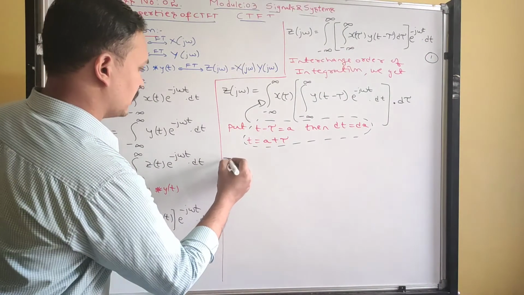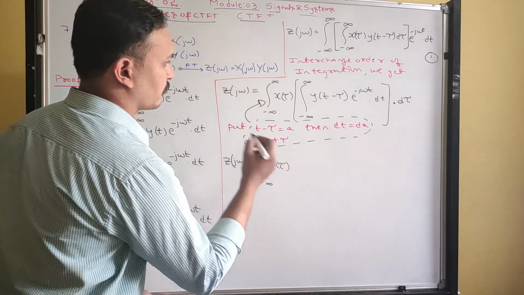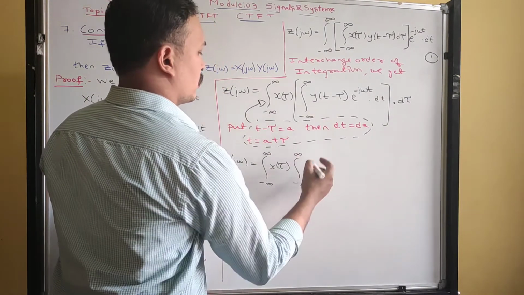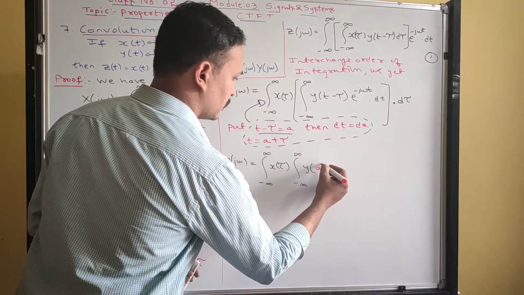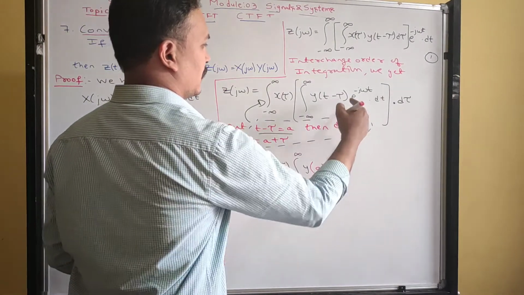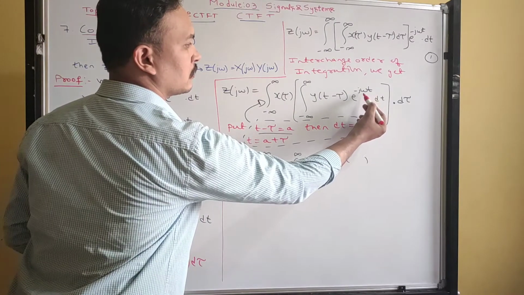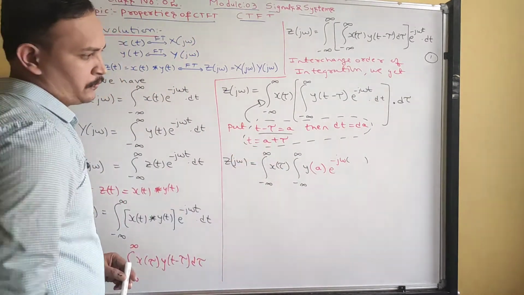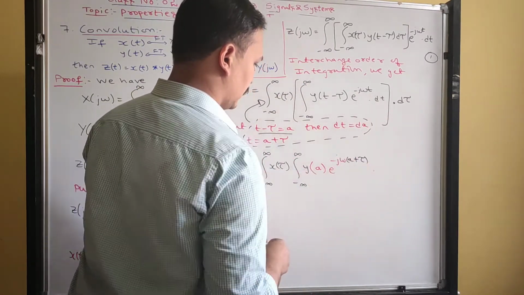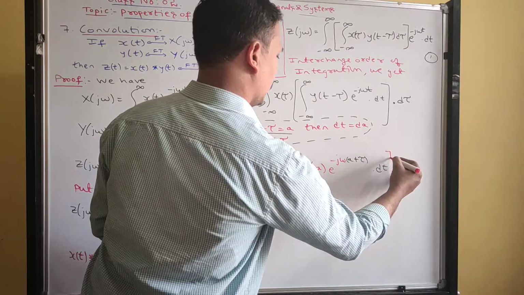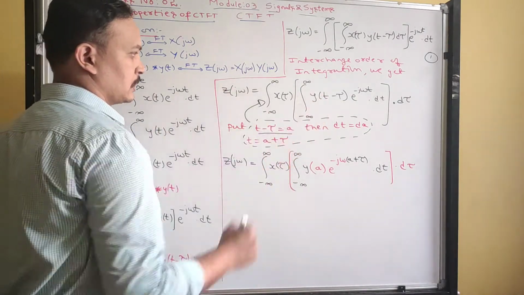Then z of j omega is equal to integral from minus infinity to infinity x of tau, then integral from minus infinity to infinity y of a, replacing t minus tau by a, then e to the power of minus j omega into t, where t is a plus tau, into dt, and the last term is d tau.